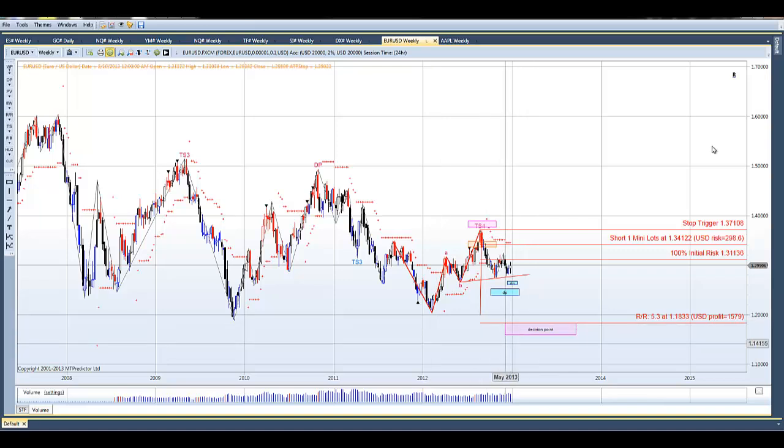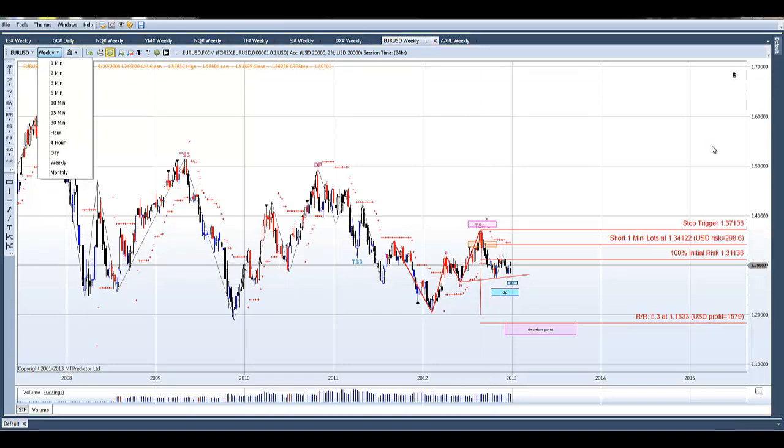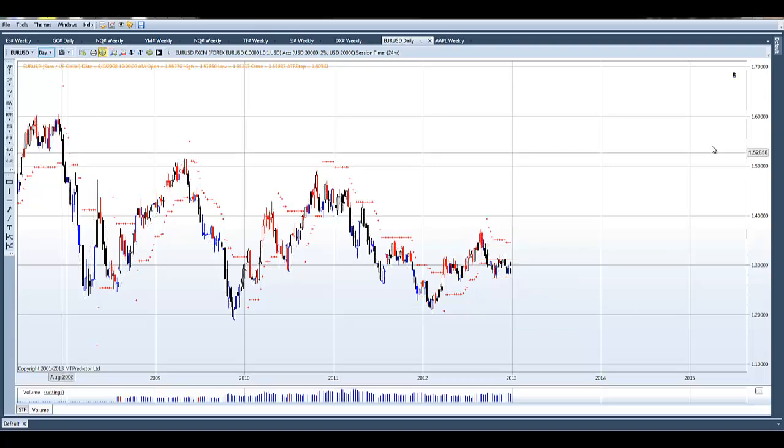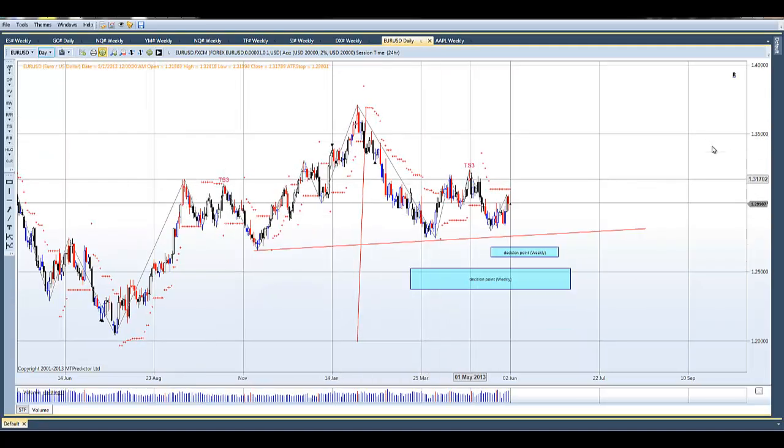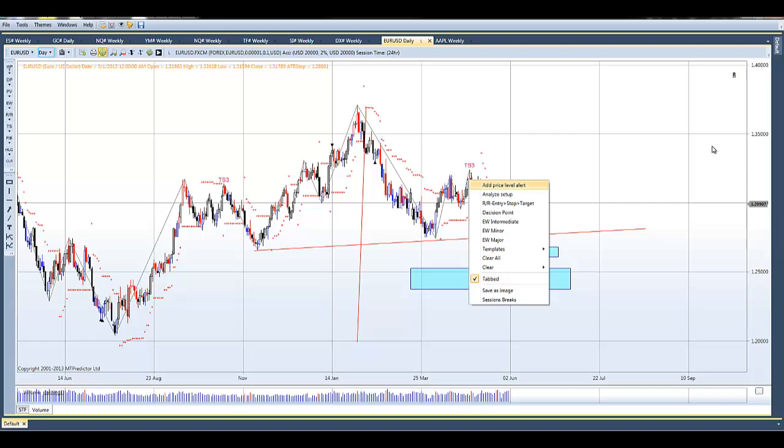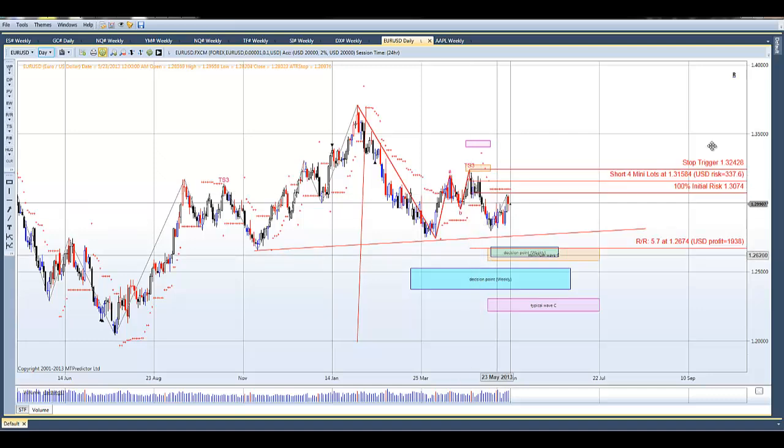And just beyond that is the DP. So we'll see how this finishes out, but these are still short. Again, if we go to the daily on the euro, you see the TS3 short there, and that target right at 26.74. So we'll see how that finishes out.